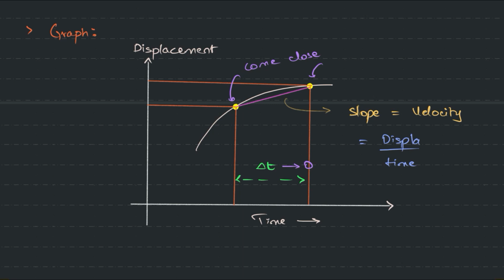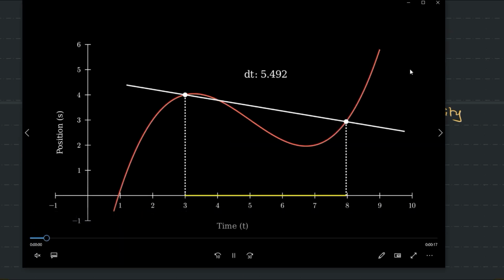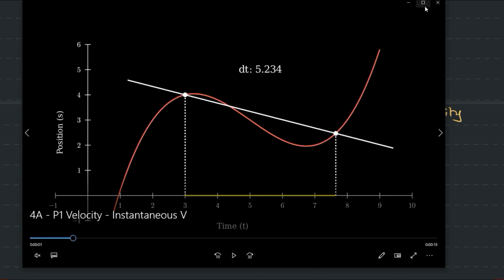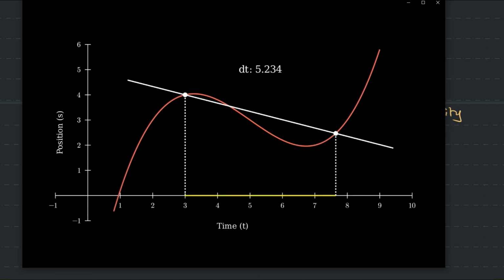Let me show it with a small animation which makes it very clear. Please observe the x and y axis first. It's time and position. The white line connecting the 2 points, the slope of that gives you the average velocity, as of now, between 3 and 7.5 seconds.